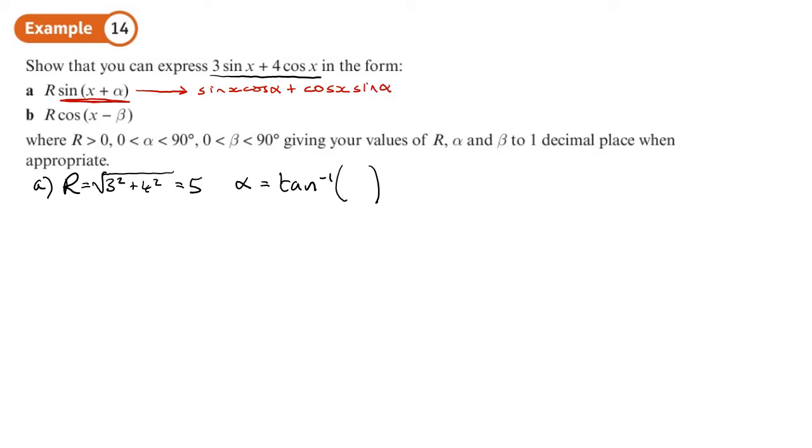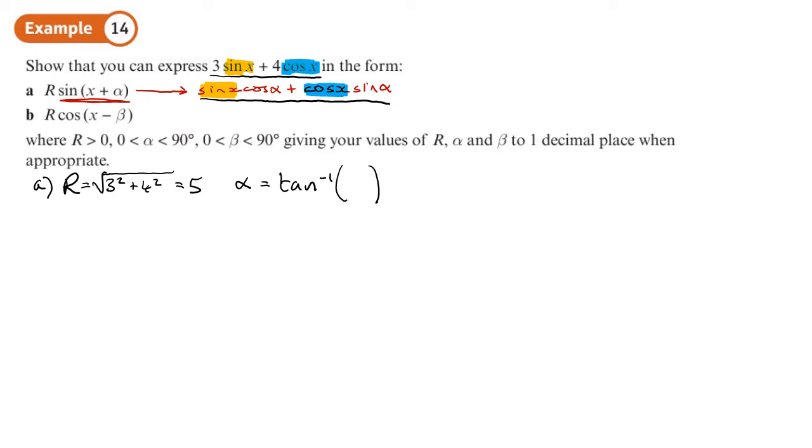Now compare that to what we have written just above it. Now I have a sine x here and a sine x here. I have a cos x here and a cos x here.